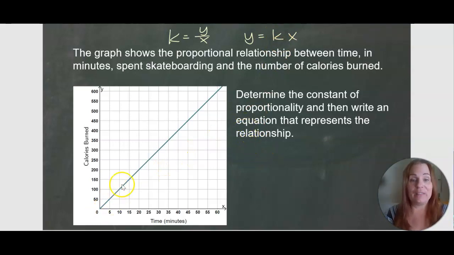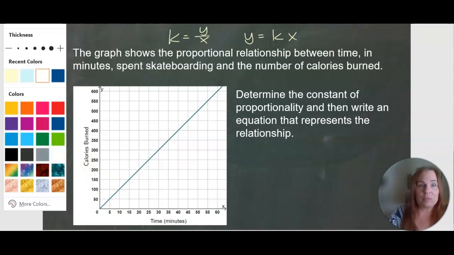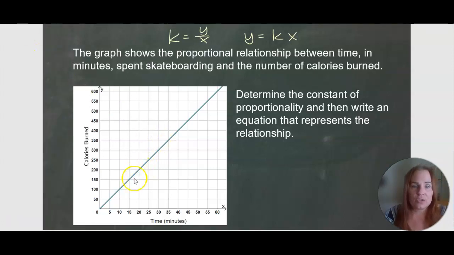Okay, so we need a y and an x. Now, thankfully, we have a graph. And on this graph, we are able to see points, right? So let me write some points here. Let me get a darker color so we can see. So I could take any of these points because I can clearly see what they equal, right?